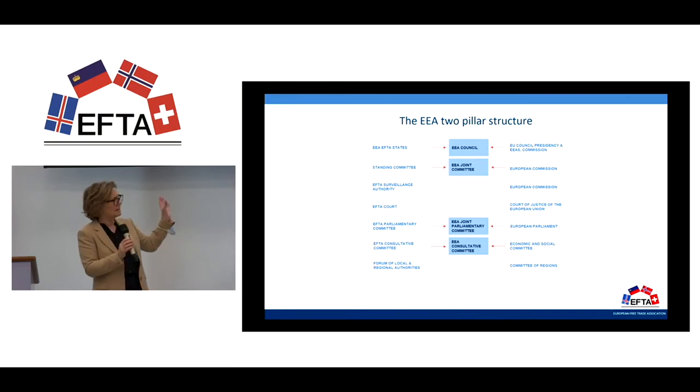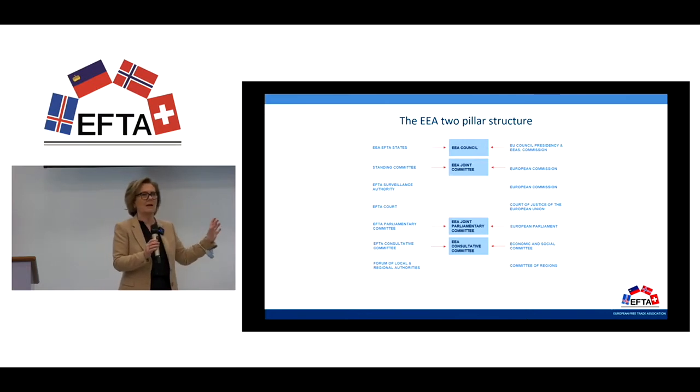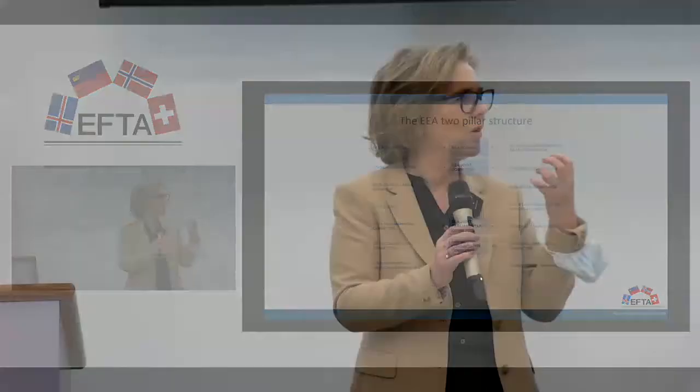I know this model looks quite daunting and intricate, and I will not go into detail. And actually, you will meet representatives here later on, who will give you a face to these boxes and also fill in with content. But it's important just to see the structure.